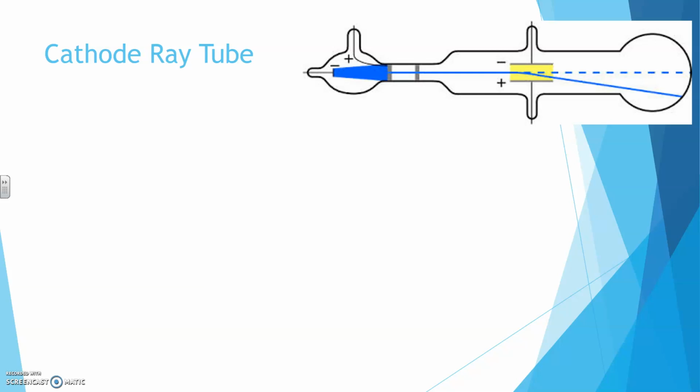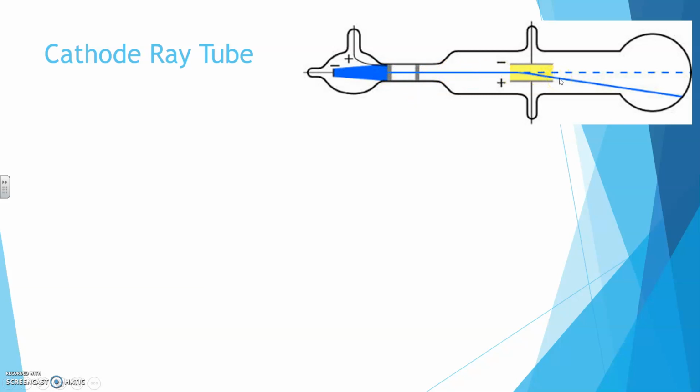And there are also two charged plates in this. Okay, so you can see the negatively charged plate up on top here and the positively charged plate on the bottom. So you shoot the laser, which is basically a stream of electrons, through this cathode ray tube.